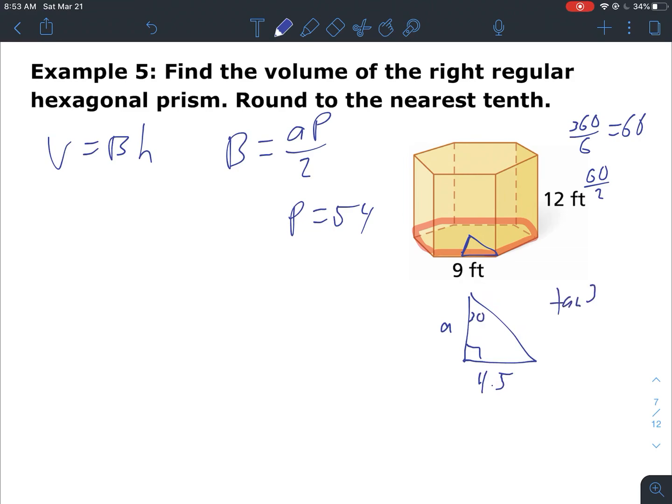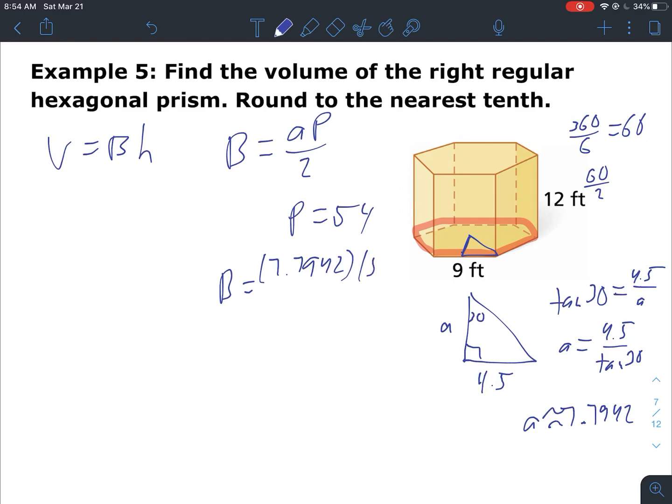Tangent 30 equals 4.5 over apothem. Apothem equals 4.5 over tangent 30. Make sure your calculator is in degree mode as always. And our apothem is approximately 7.7942. So now our base is going to be 7.7942 times 54 over 2.